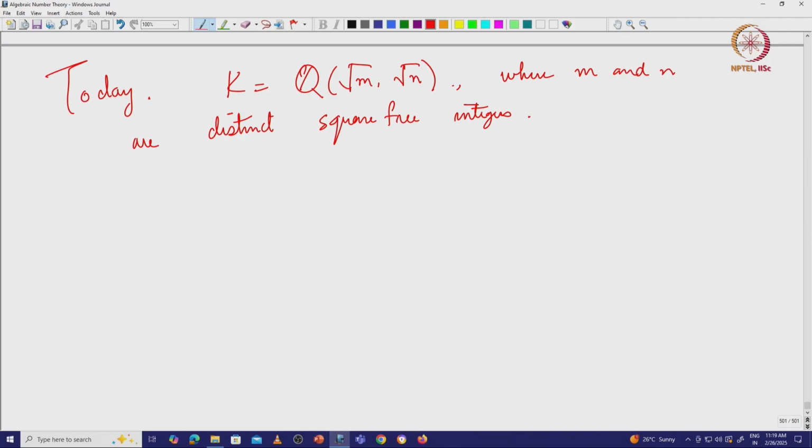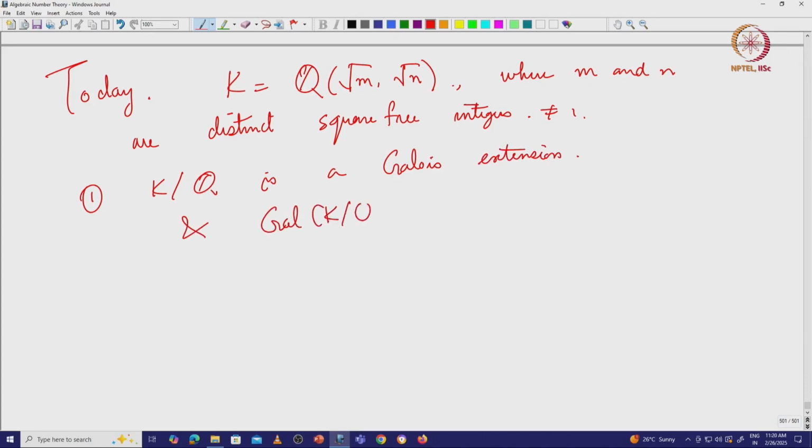So, they are not equal to 0 and not equal to 1, of course. Firstly, K over Q is a Galois extension. Unlike the purely cubic field that we were looking at, this is a Galois extension, and the Galois group of K over Q is isomorphic to Z mod 2Z cross Z mod 2Z.